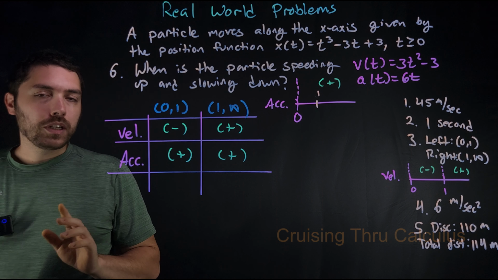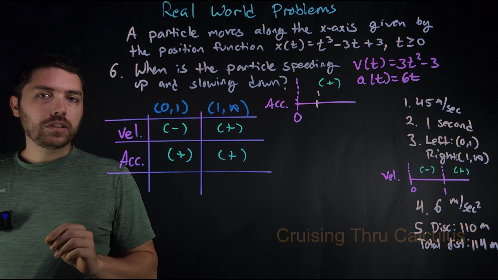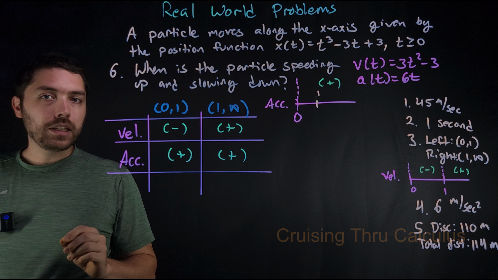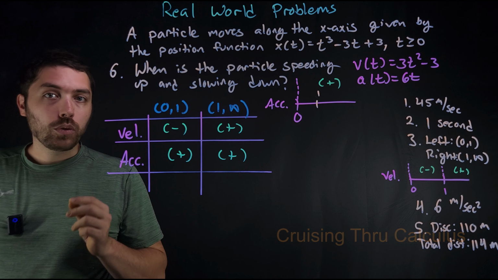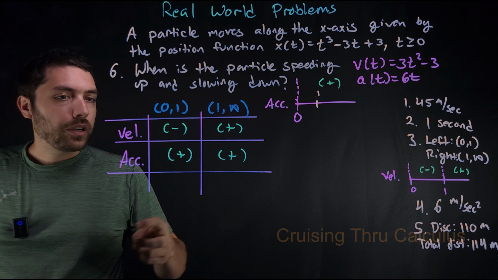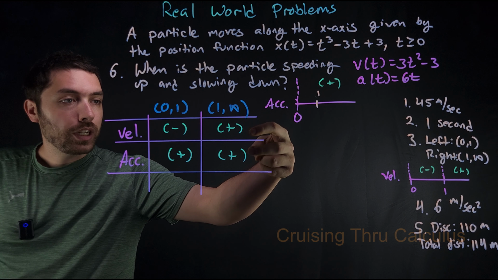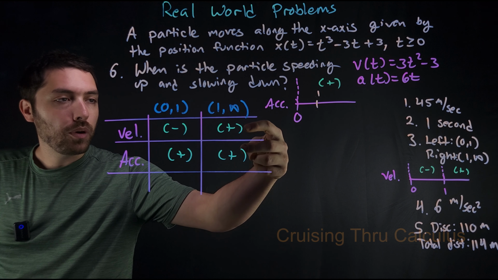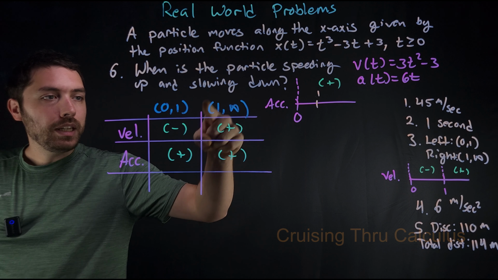This is perfect, because here is what we're looking for. If acceleration and velocity have the same signs, so if they're both positive or both negative, that means it's speeding up. But if they have opposite signs, so one is positive and one is negative, that means it's slowing down. So take a look here. I have an interval where both velocity and acceleration have the same sign. They're both positive. So that means this is the part right here that's speeding up.